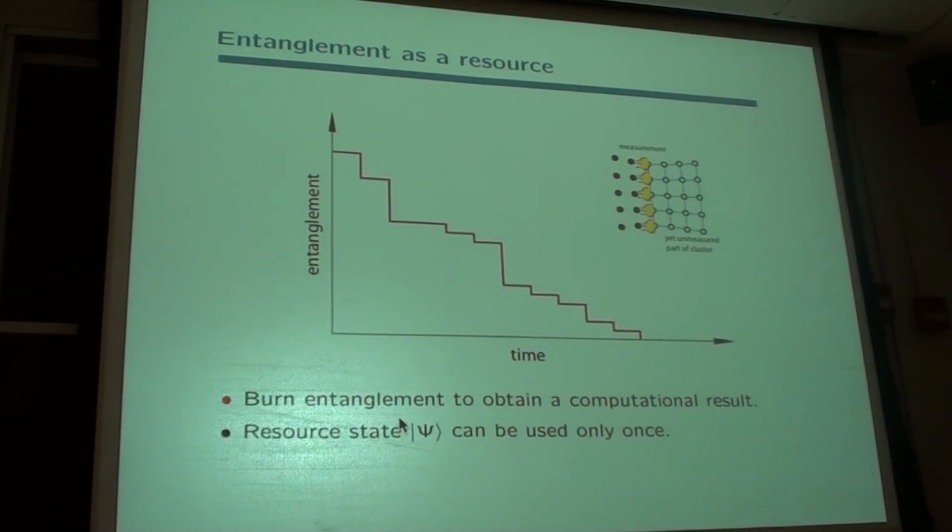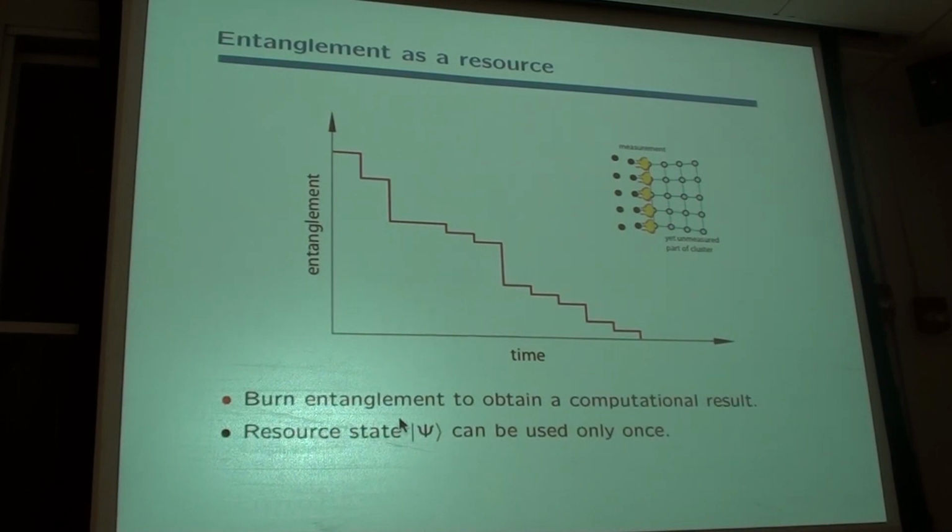We start with an entangled state, and then the way we process it is by local operations, local measurements and classical communication. So by the very definition of entanglement, it decreases over the course of computation. I start out with entanglement, and I end up with no entanglement, but in return, I get a computational outcome. So it seems reasonable to assume that entanglement is really the cause for the quantum speedup in this scheme. We're burning up entanglement to get a computational outcome.